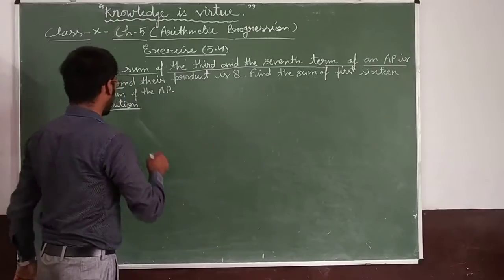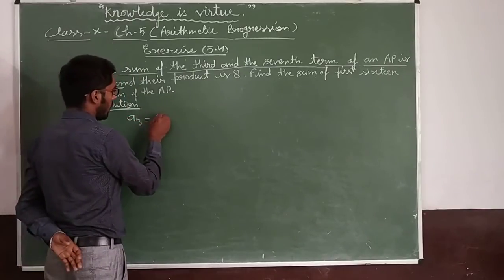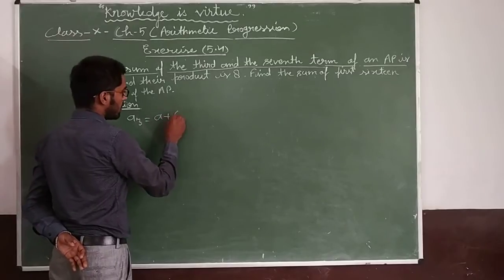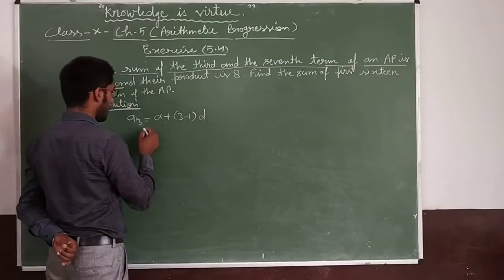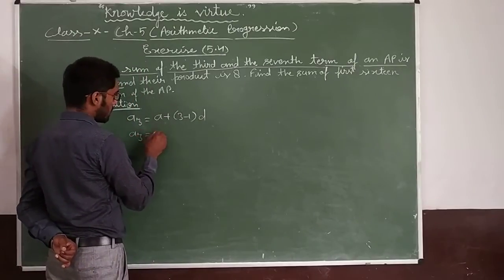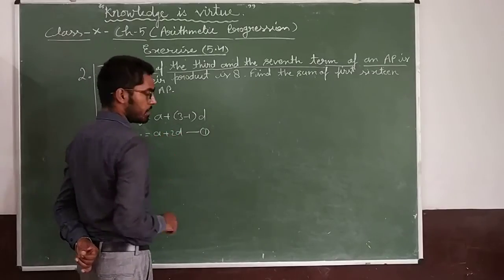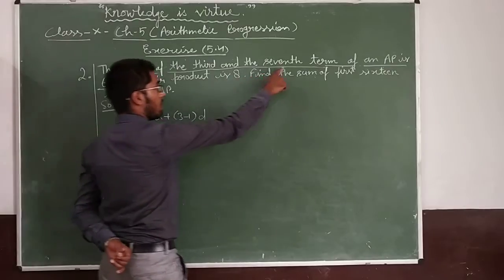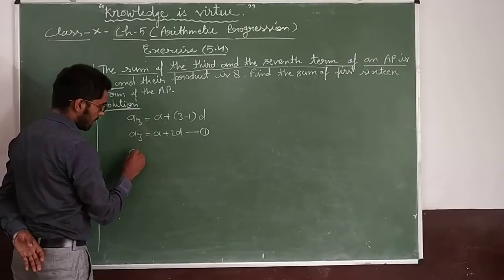Third term means A3. A3 is equal to A plus (3 minus 1) into common difference D, so A3 is equal to A plus 2D. This is equation number one. Now the seventh term is A7.